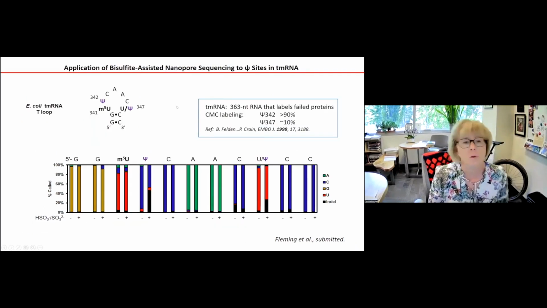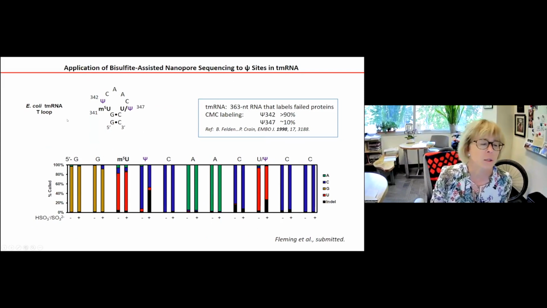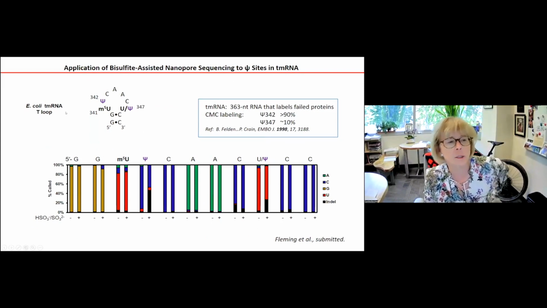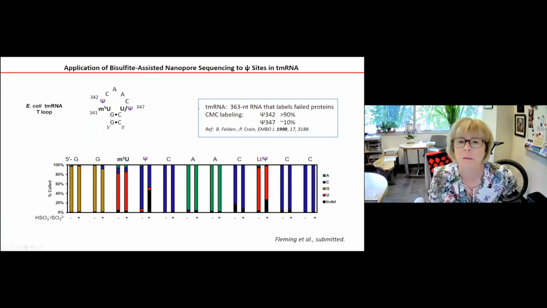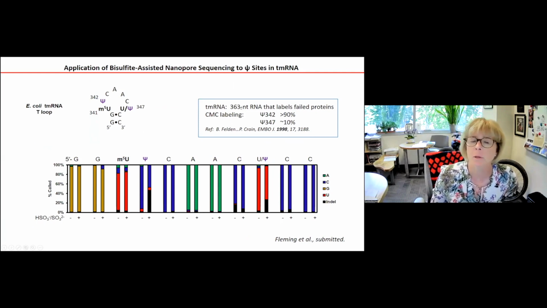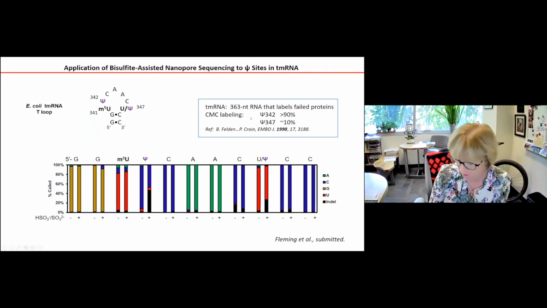And to show just one final example, I think this is my last slide, we looked at the tmRNA T-loop, that is E. coli RNA. This is a 363 nucleotide RNA that labels failed proteins. It had been studied years ago by some of my colleagues here at the University of Utah.